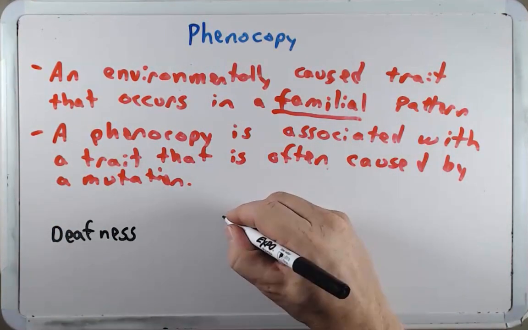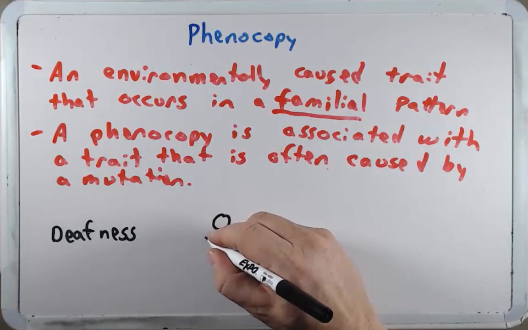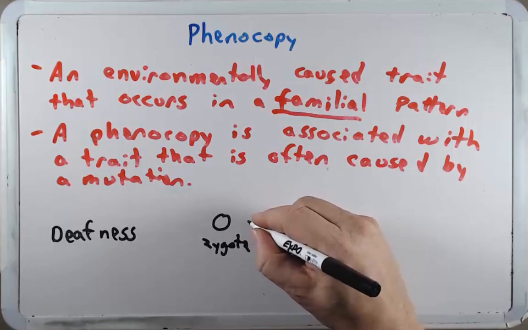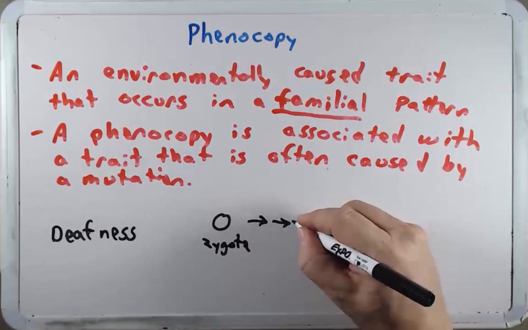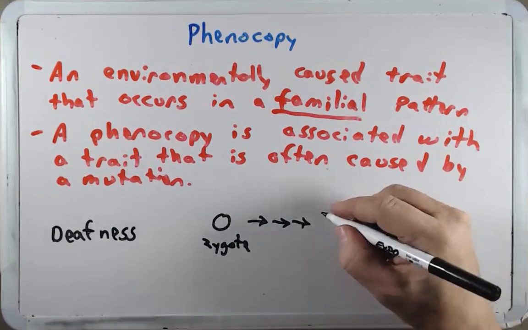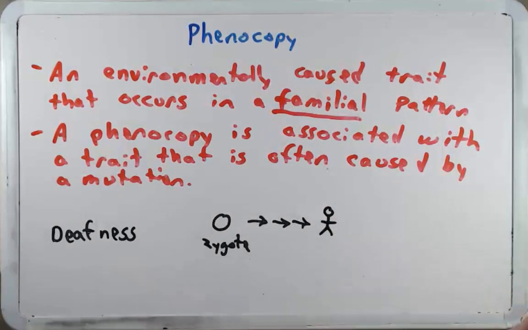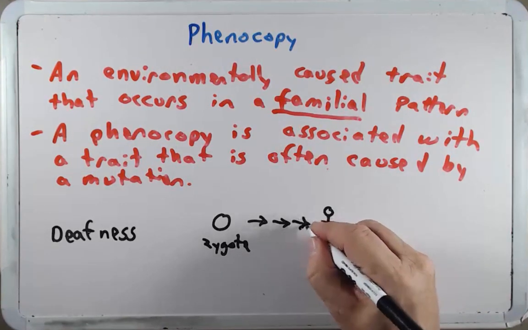We know that when a zygote forms after fertilization, it goes through an elaborate multi-step pathway before ultimately a newborn baby is born. Amazing graphics here, I know. You're probably super impressed.